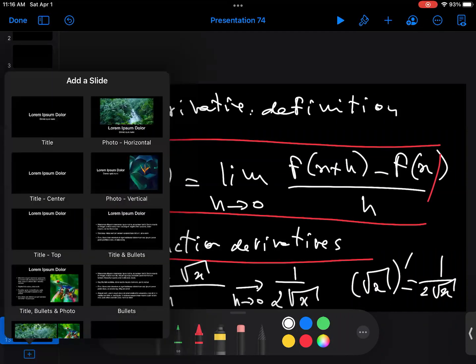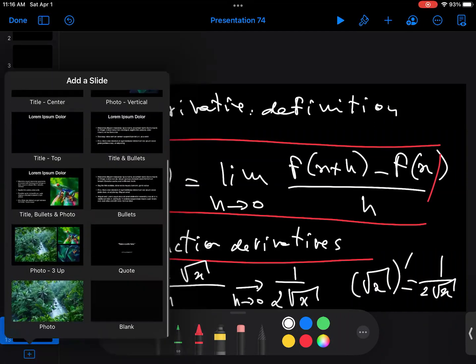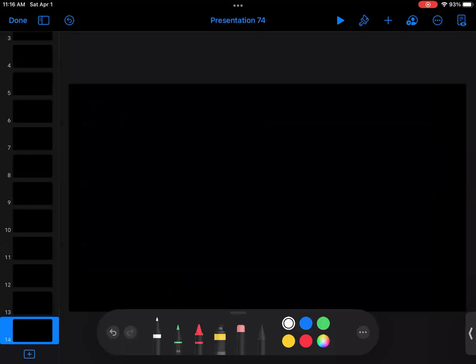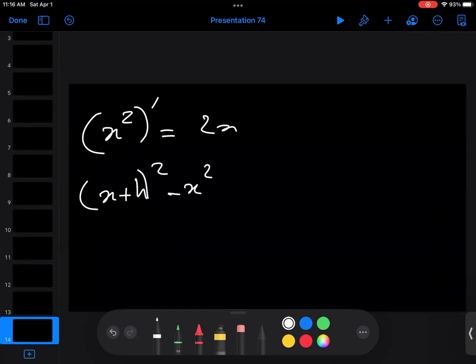And we also saw that the derivative of x squared is 2x, because we computed (x plus h) squared minus x squared divided by h, and we saw that this is converging toward 2 times x.